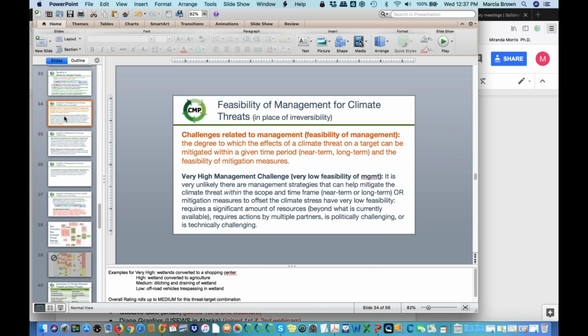Or they might be assuming that they can compensate for the change by creating similar habitat, just shifting it uphill, because they're only really thinking about it from a wildlife standpoint. It's always the target. Yep. Which sounds like feasibility of management, I think. Yeah, it totally overlaps with that. So it makes sense how you shifted that focus.